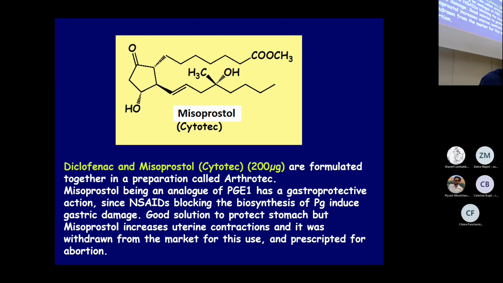For this reason, this compound was withdrawn from the market, and now it is necessary a prescription by medical doctor. So the idea was really smart, but the application not too smart. And so now you can find this compound in a pharmacy, but it is necessary the prescription of the medical doctor.